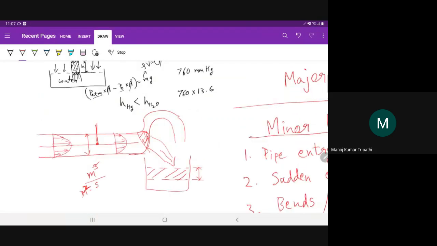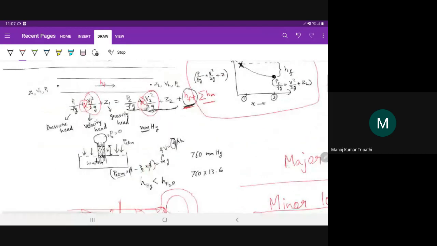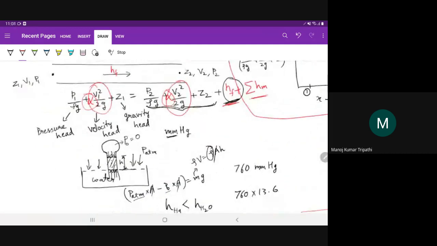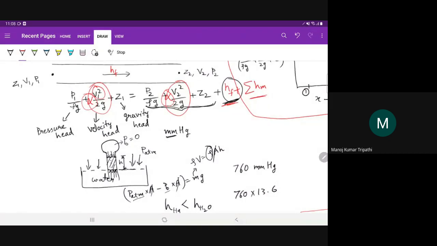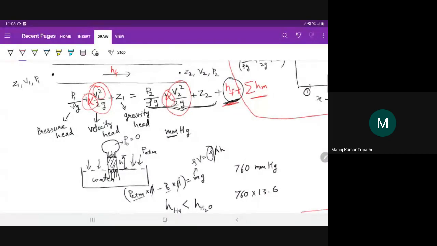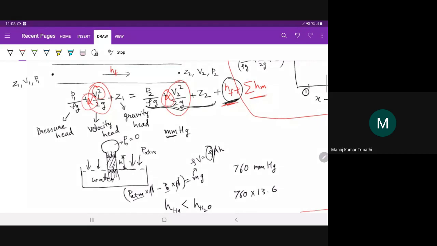So generally we know this average velocity and we take that in place of V1 here. We don't usually in practice put the velocity at the center line in this Bernoulli equation. So that's why we need this correction factor even more.